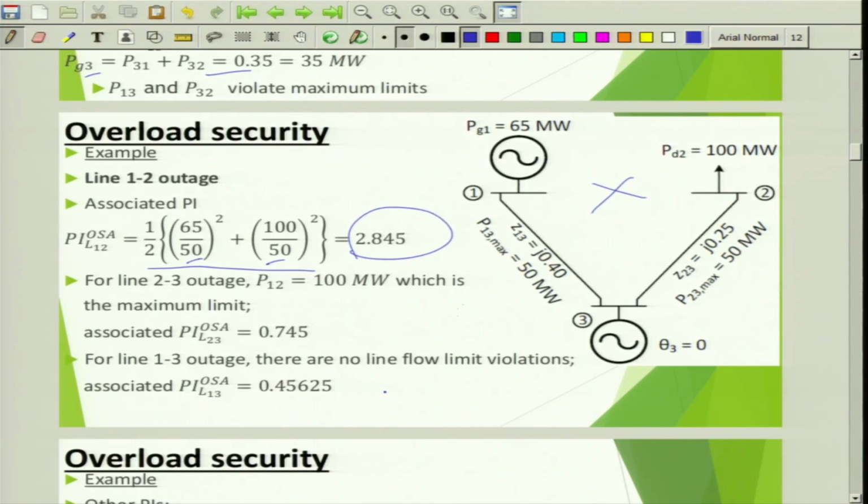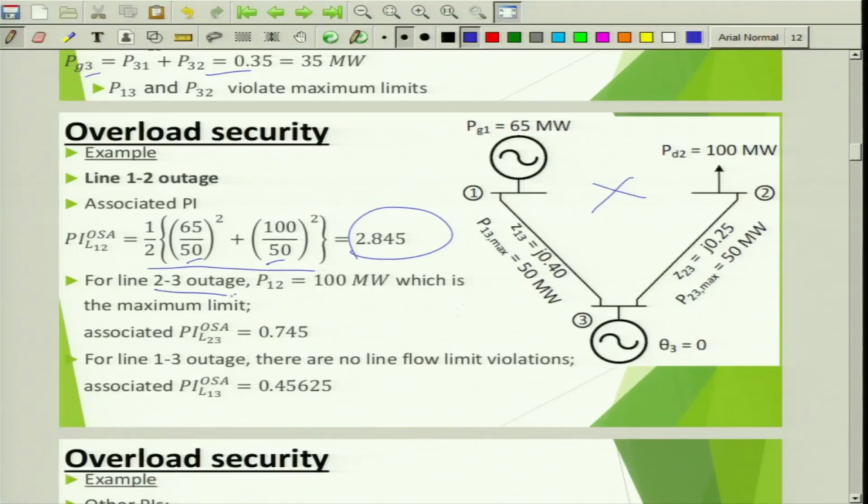So for me, if I have to consider something as a very critical event, I can ignore generator 1 outage for the time being, but if line 1, 2 gets disconnected due to some reason, that is a very alarming situation from a system operator's perspective, right? Then you also carry out outages for different lines, for example line 2, 3 is taken out.